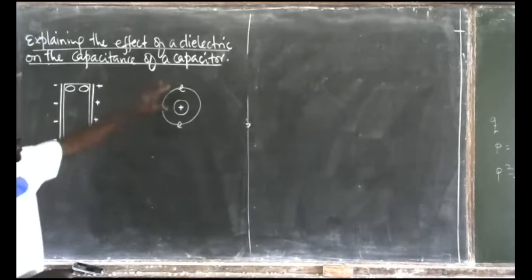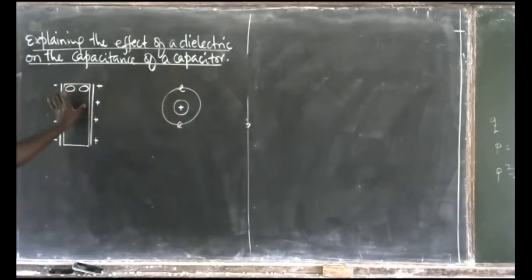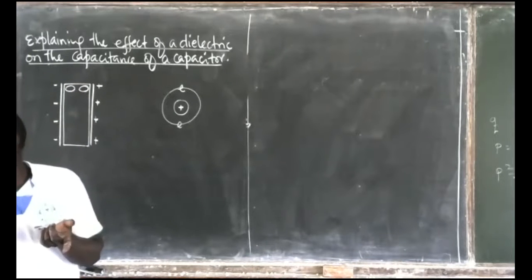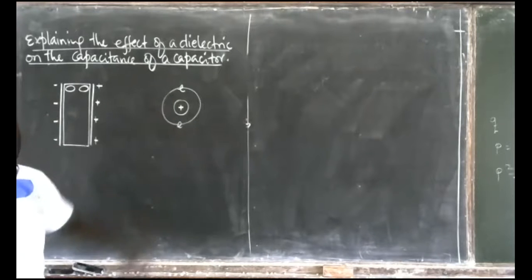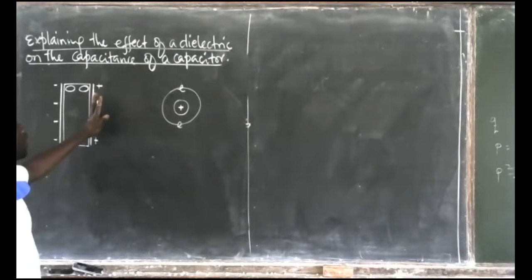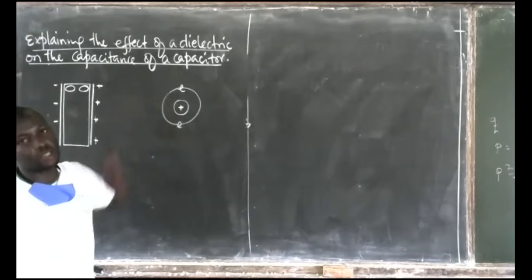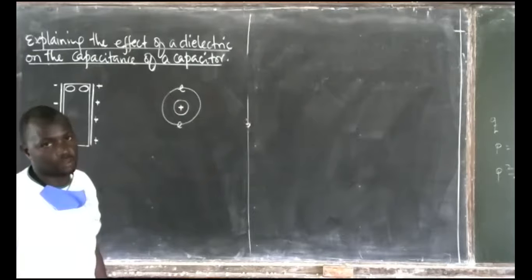But when you insert such an atom within an electric field, remember there is an electric field between the plates. Since one is negative and another one is positive, there is a potential difference already, meaning there is an electric field. The electric field will affect this atom: the positive plate will repel the nucleus which carries a similar charge, whereas it will try to attract the electrons towards itself.